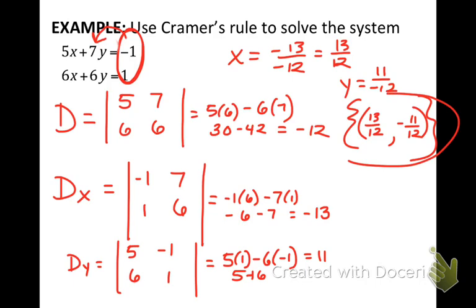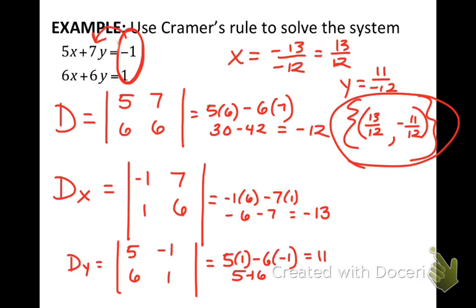Throw it in set notation and make it fancy. Okay, not too bad. Is it easy to remember what these should be for your dx and dy? Okay. All right. So that's 2 by 2s.